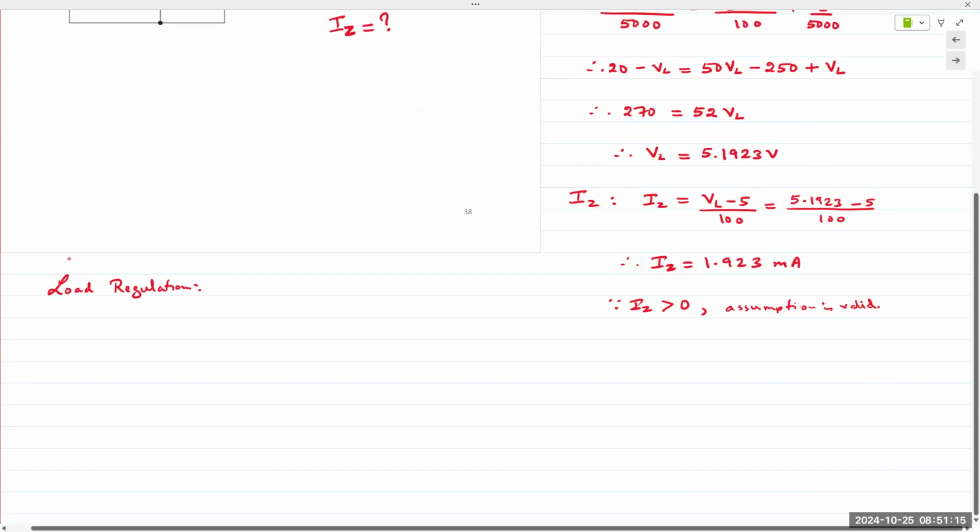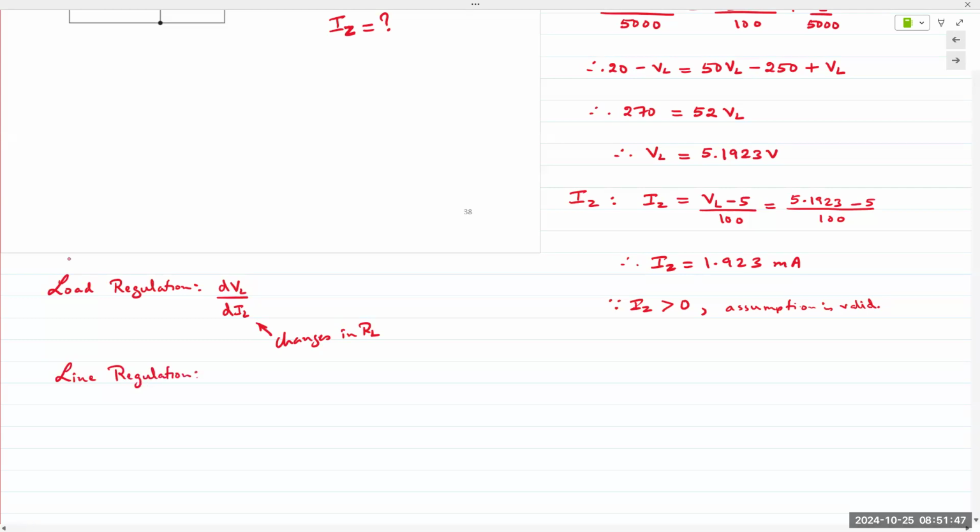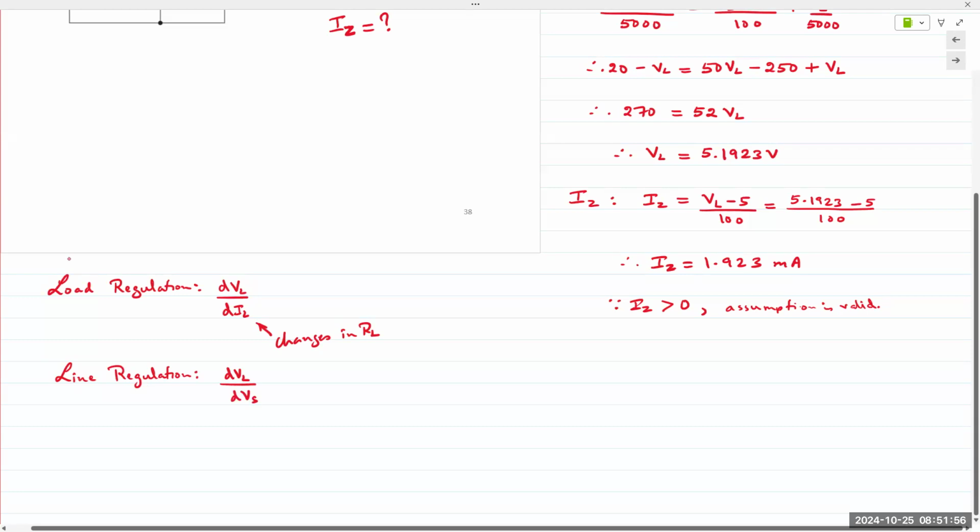Load regulation is basically change in output voltage as a function of load current, meaning if RL changes. And line regulation is basically change in output voltage for a change in source voltage.